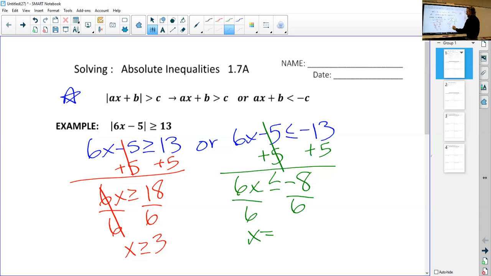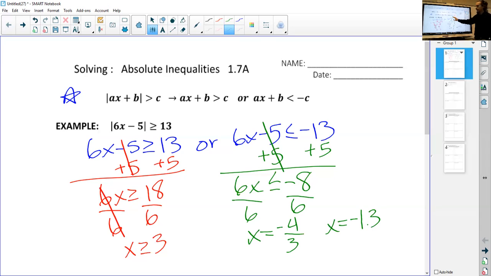So we get x is negative 4/3. Because of the limitations of Canvas, we want to put all of our answers as a decimal rounded to the nearest tenth. So we can call this x is negative 1.3. Definitely have your calculator to convert your fractions to decimals if you can't do that in your head.